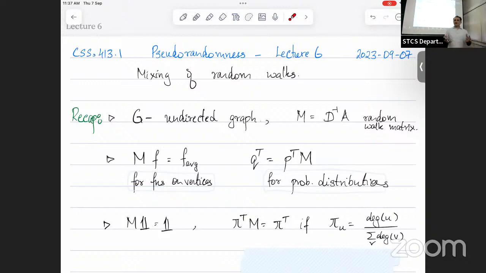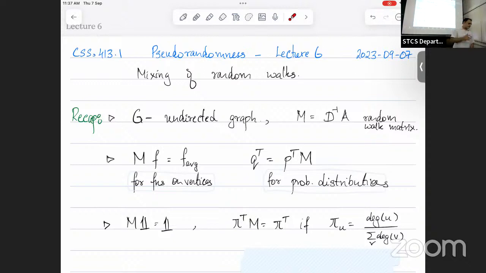But there are situations where you might purposefully make a graph irregular to make certain analysis go through, but you somehow want to say that morally things happen the way you expect. That's the reason why it's sometimes convenient to work with this more general notion.